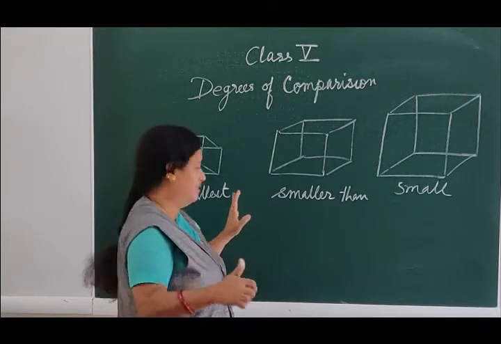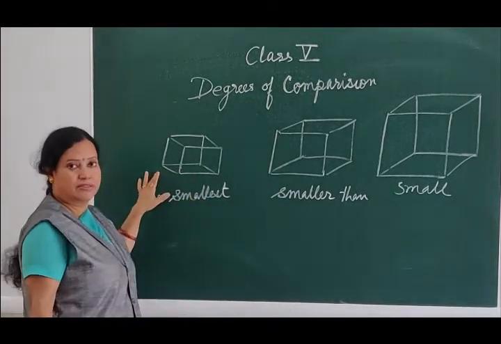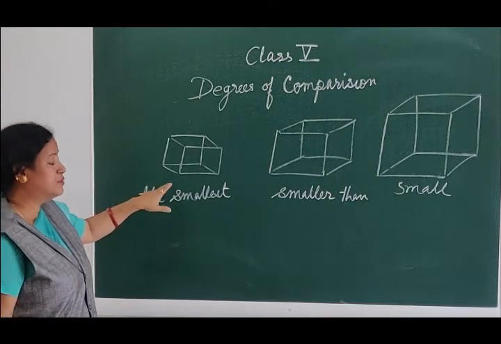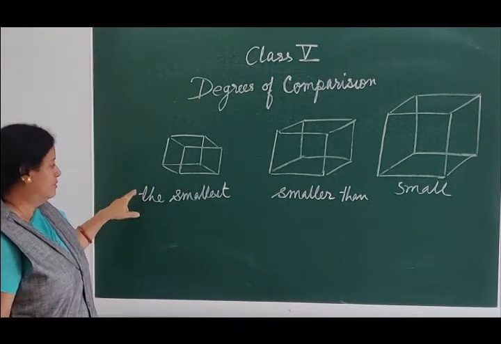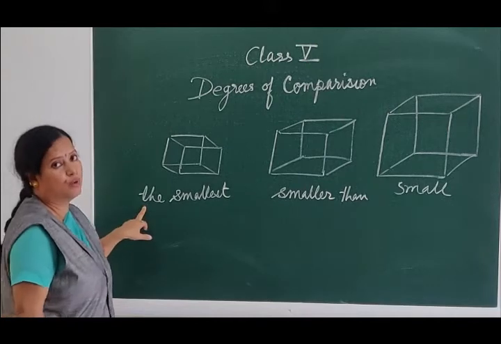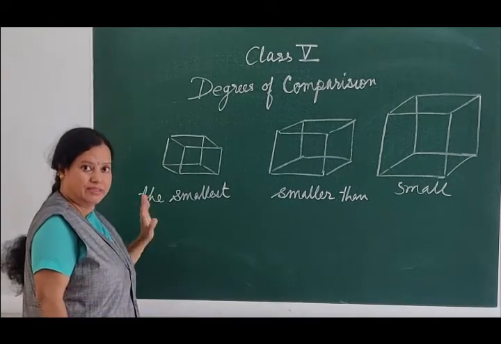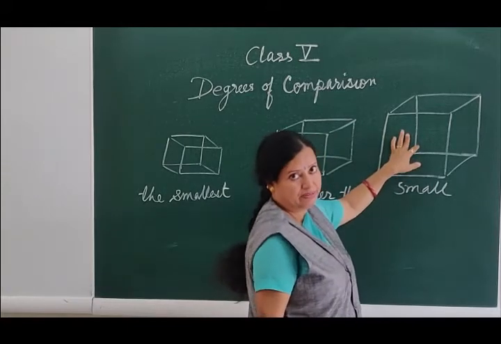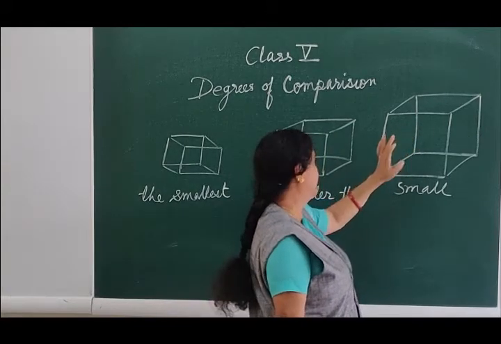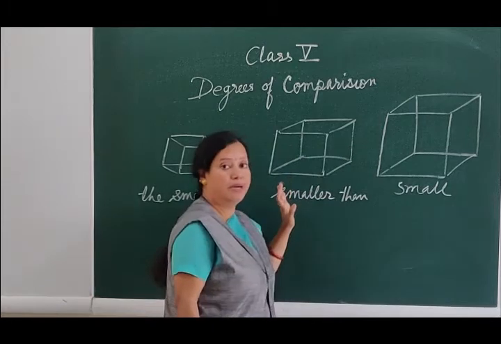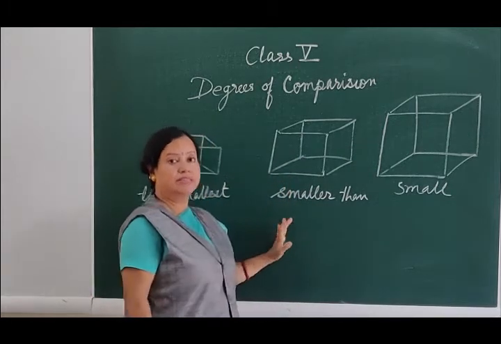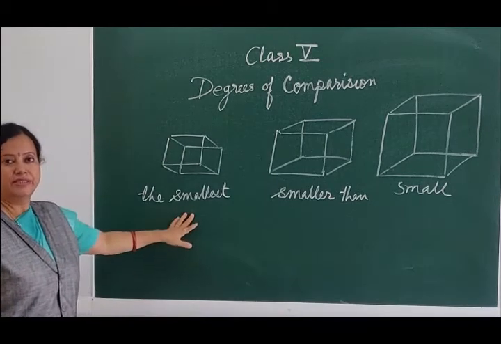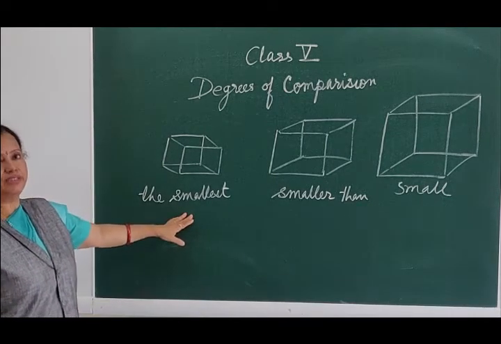Understood now? Right children? Now let us see this third one. Third one is the smallest. It is the superlative degree. So here we will use the smallest. This one is adjective or positive degree. Here this one is comparative degree and this is superlative degree.